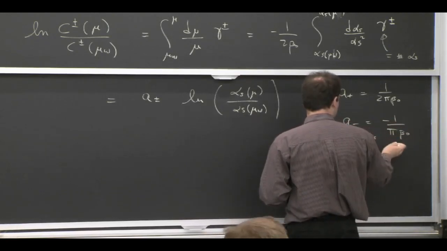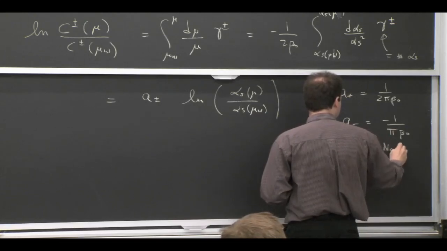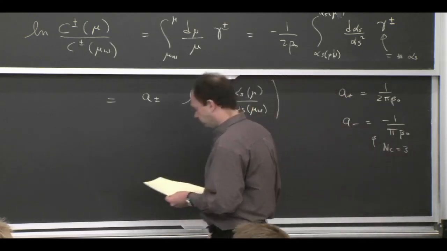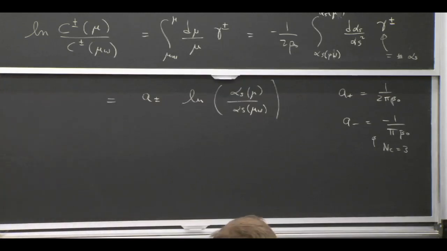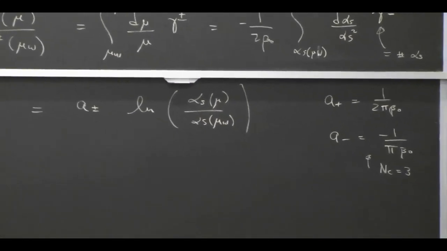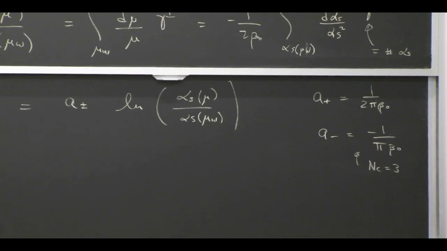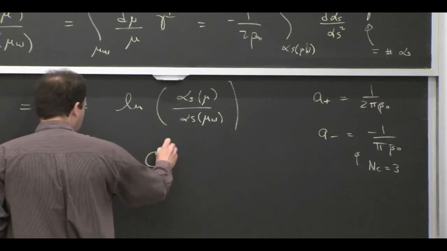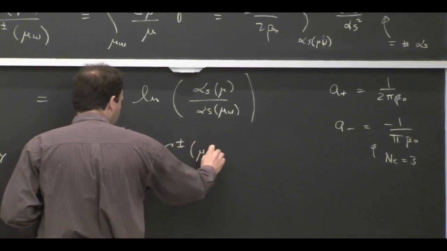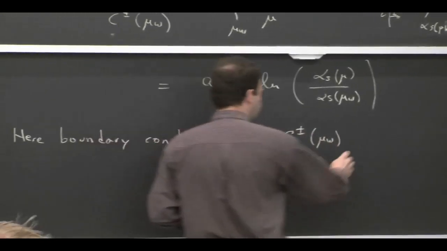And I've put in that NC is 3. So this alpha at mu w and this C plus of mu w, you should think of mu w as the boundary condition scale. So this is a differential equation. We needed a boundary condition to solve it. And the boundary condition is the value of the coefficients at the scale mu w, which is supposed to be of order mw.